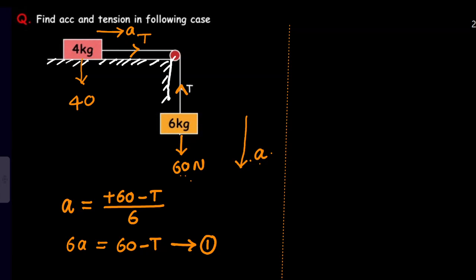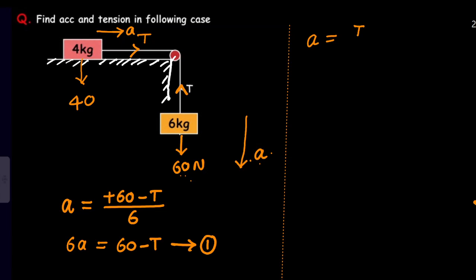Right side, so that is the x direction. We need to consider only the x direction forces. So acceleration is net force by total mass. How many forces act on the block along the acceleration direction? Only T, plus T. There is no other force.